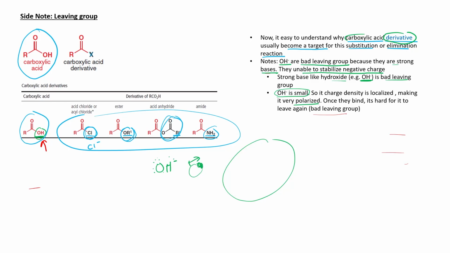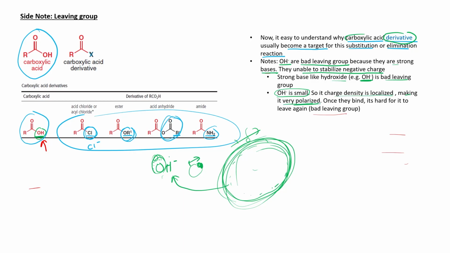For example, in OH, the charge is highly localized at O. But if you have a big nucleophile, even though it is polarized, the charge is more spread out relative to the small compound.